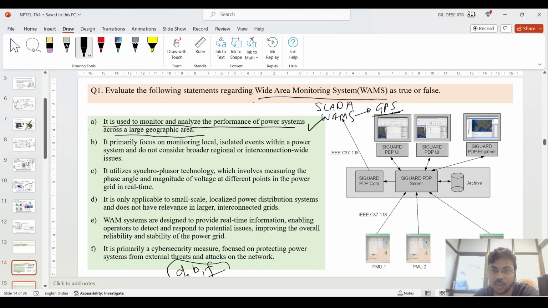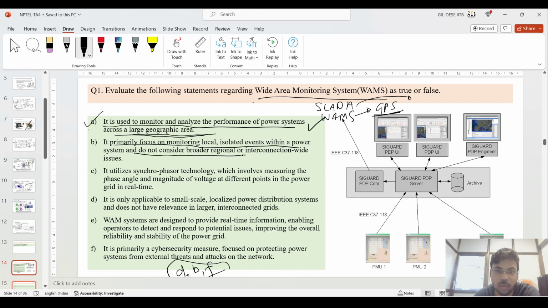Wide area monitoring means it goes to a large geographical area using this GPS based system. And SCADA is a localized system operating from a certain part. It means that it is true. It is used to monitor the large geographical area.